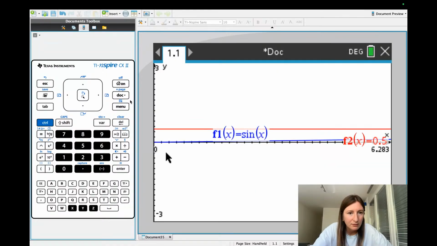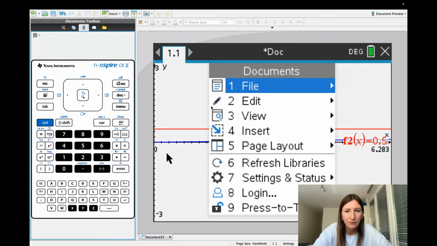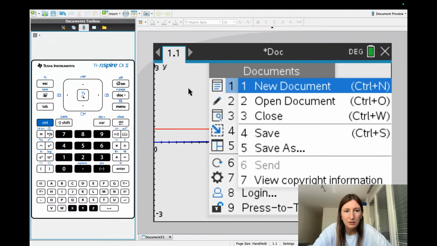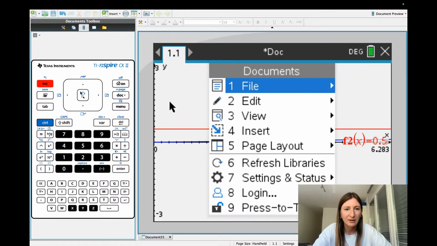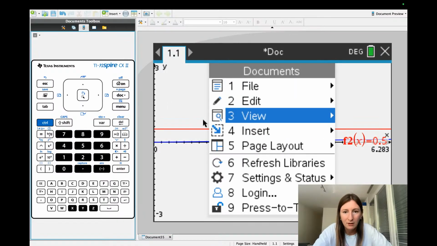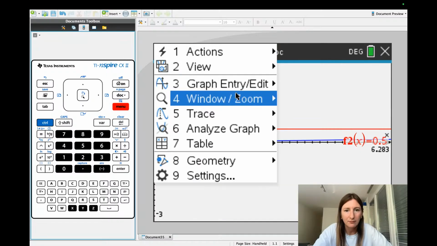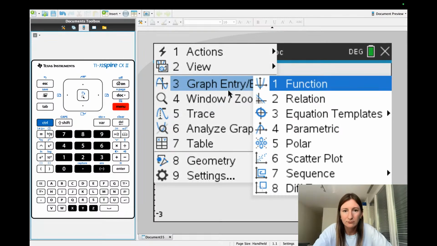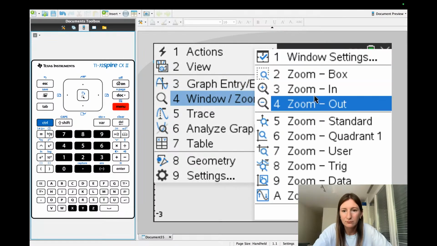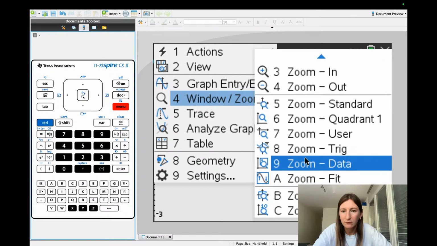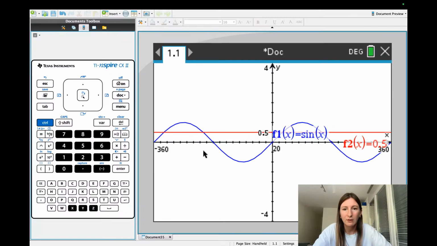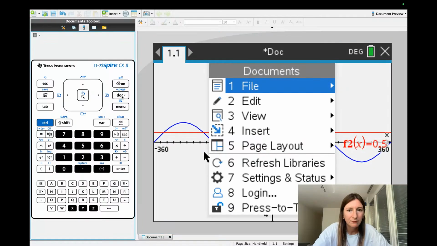Why are we doing this? That is not what it's meant to look like. Let me just fix that. There we go.